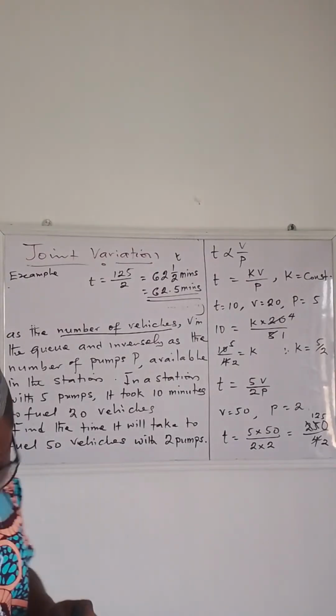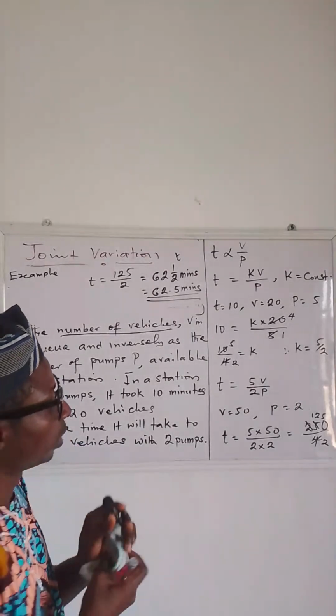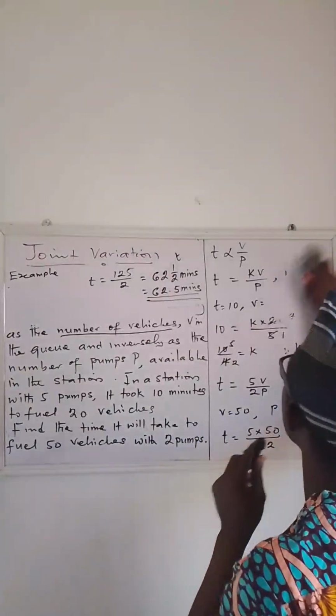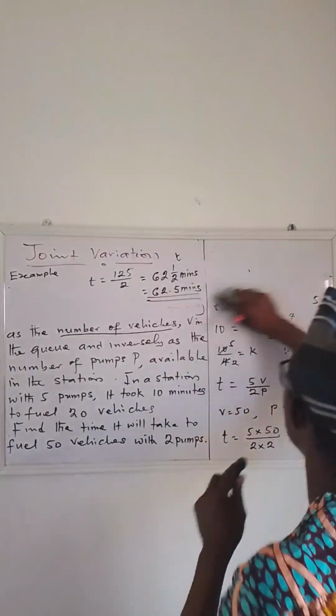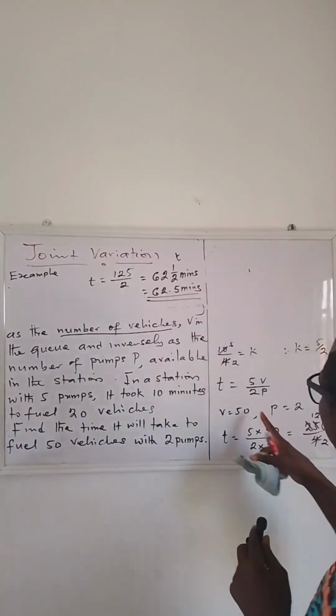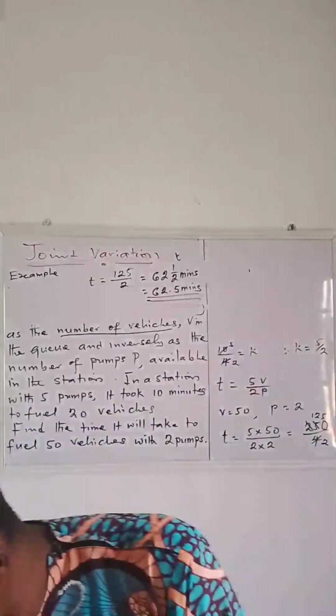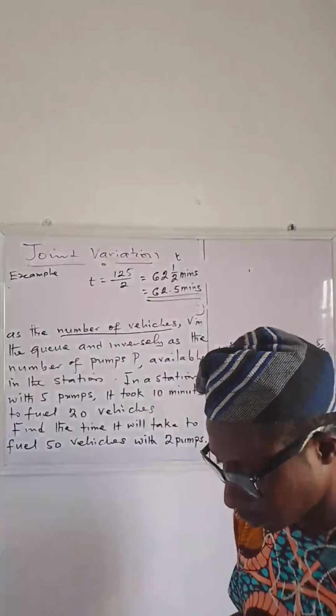All right. Now let us try this. I want to see what we are going to have, making use of the connecting formula we have here. So I want us to try this question.